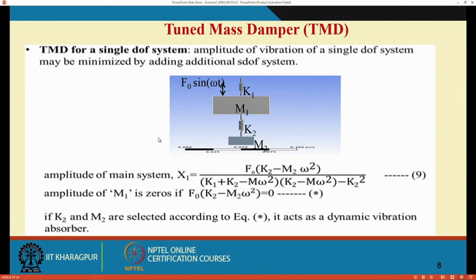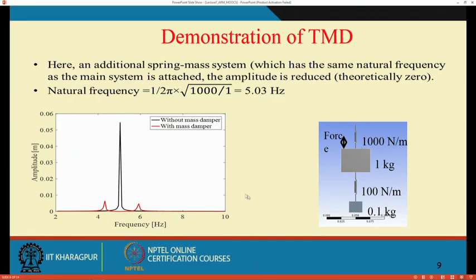Okay. And this is for a single mass system where we can work on the expressions here. And this is another example. Without mass damper, you see the natural frequency is shooting up. With mass dampers, the amplitudes have come down and frequencies have shifted. So, this is a very easy way to control vibrations at resonances.